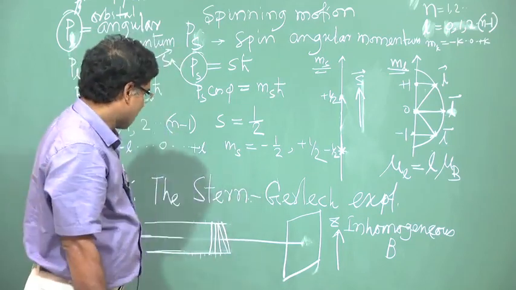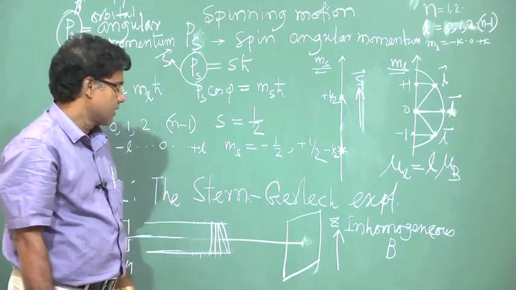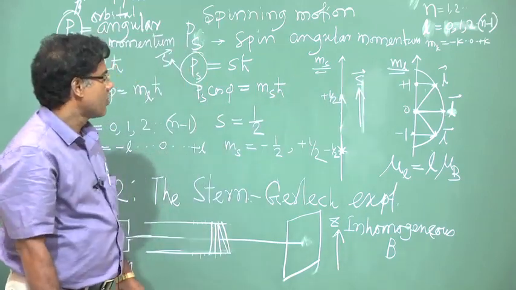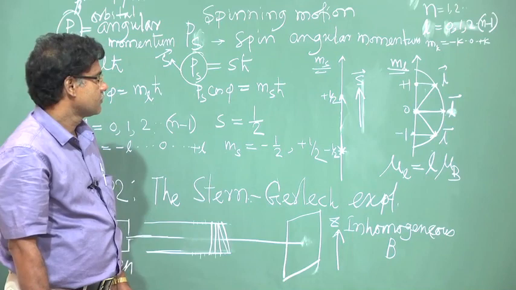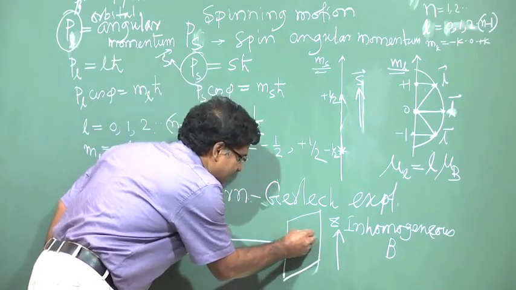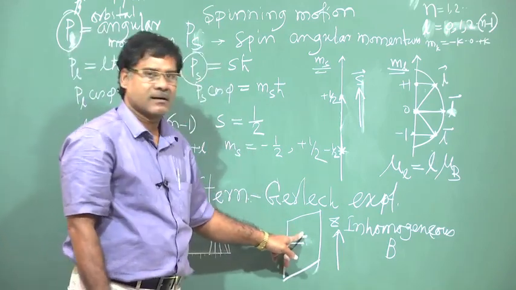Okay. So after applying the inhomogeneous magnetic field, if this silver atom has a magnetic moment, we will get a shift of this. So we will expect a deposition of the silver off the center.